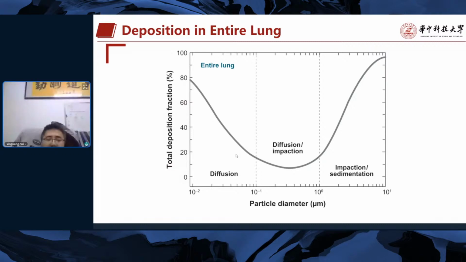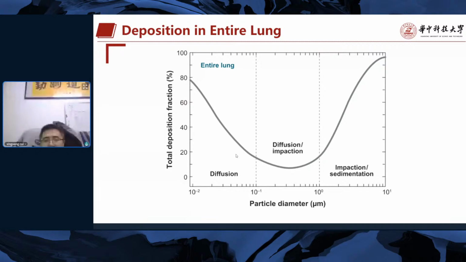For the small particles, the fine particles, the deposition mechanism is diffusion. And for large particles, for example micrometer particles, the deposition mechanism is impaction and sedimentation.